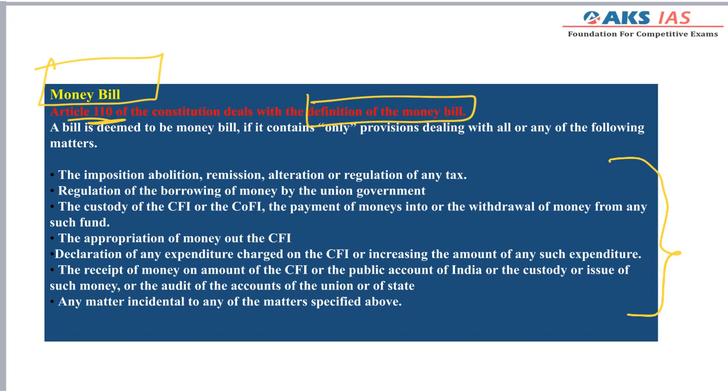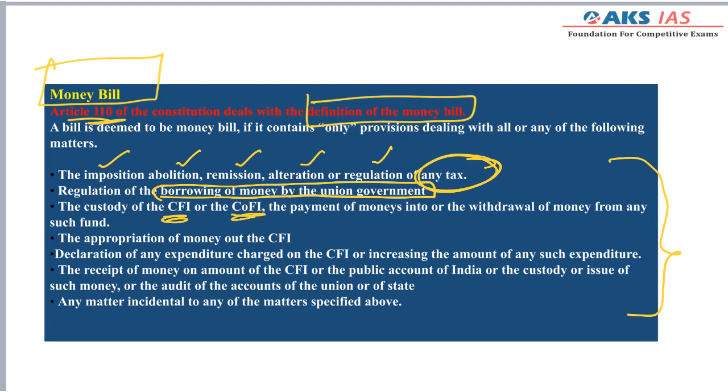The first is the imposition, abolition, remission, alteration as well as regulation of any tax. The regulation of borrowing of money by the Union government also comes under the money bill. The custody of the Consolidated Fund of India or Contingency Fund of India, the payment of money into these funds, or the withdrawal of money from such funds is also considered a money bill.